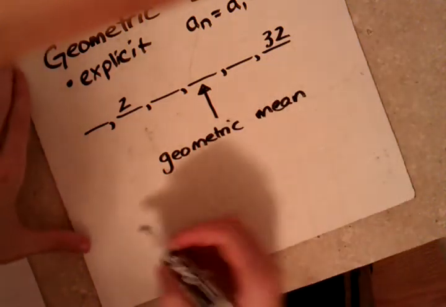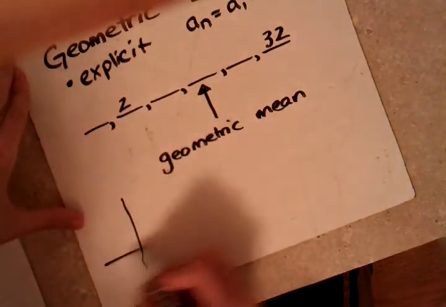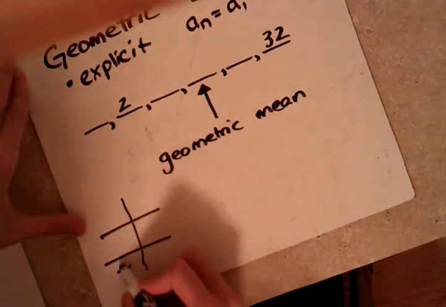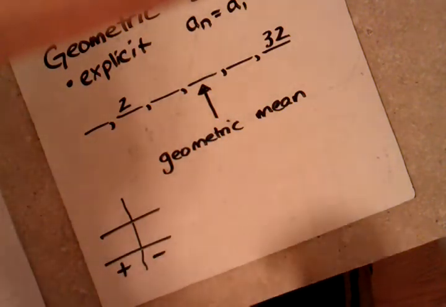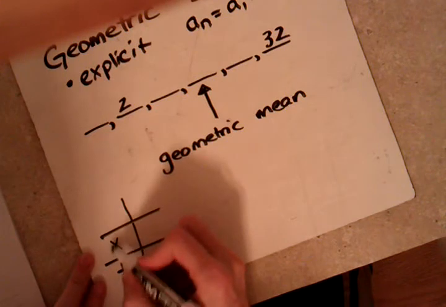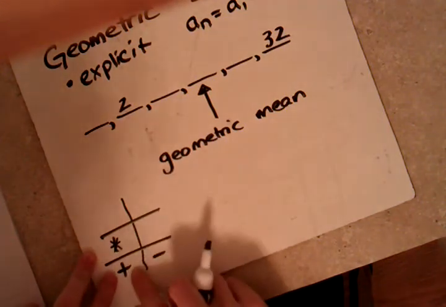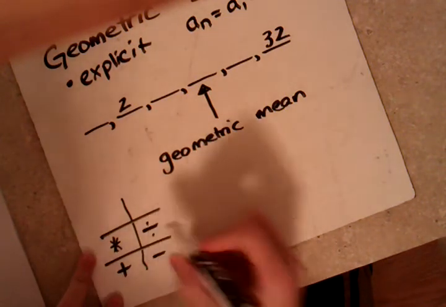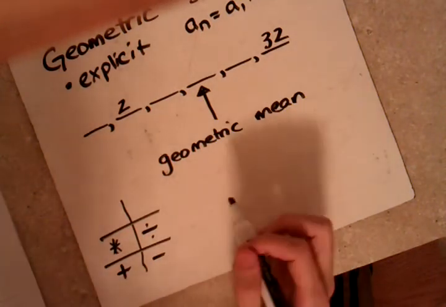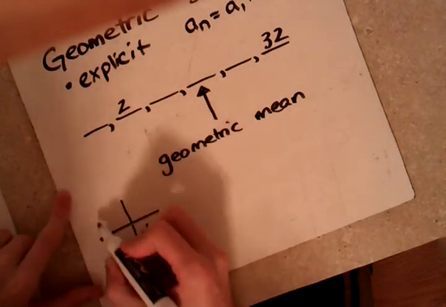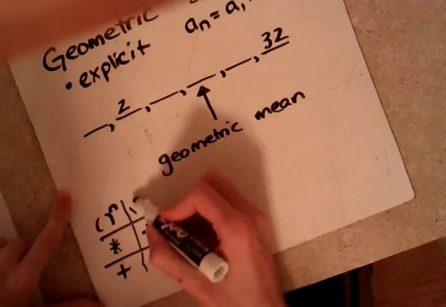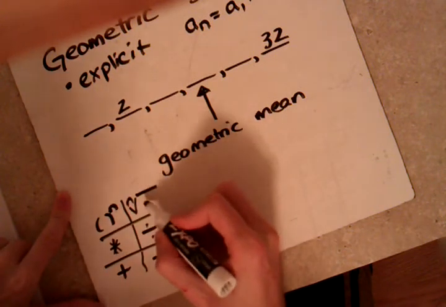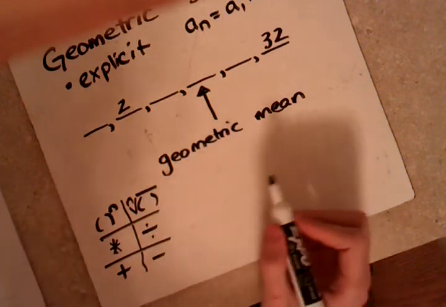So, a little aside here, thinking about your operations. At the very bottom of the operations, you've got adding and subtracting. If you go up a level, multiplication is the same thing as repeated addition, and division is like repeated subtraction. And if you go up another level, you've got where you're raising things to a power versus taking the root of those same things.